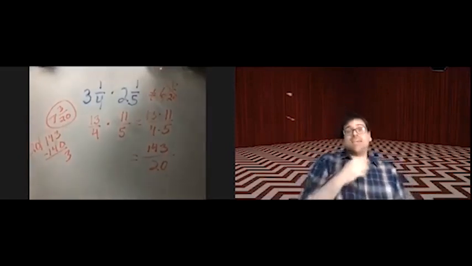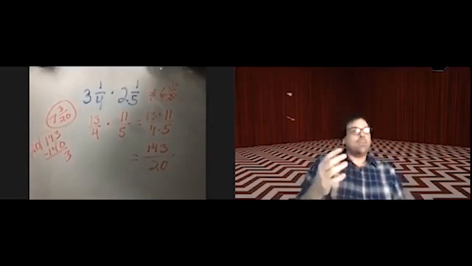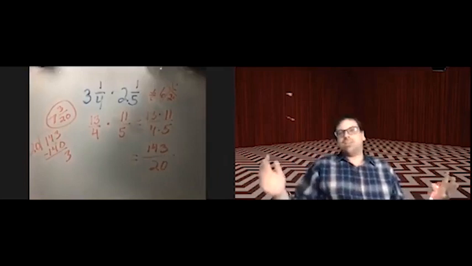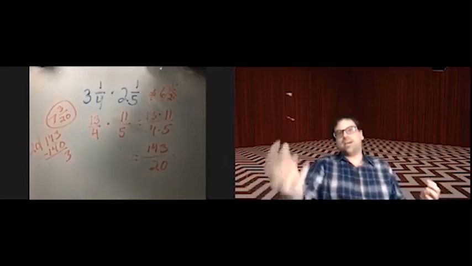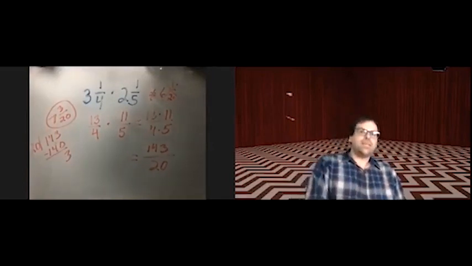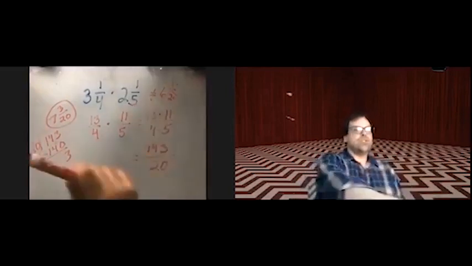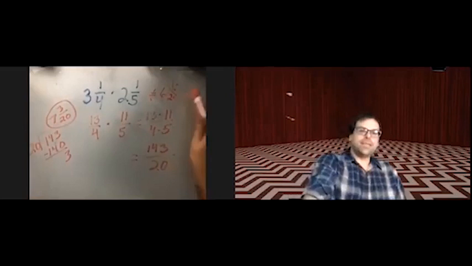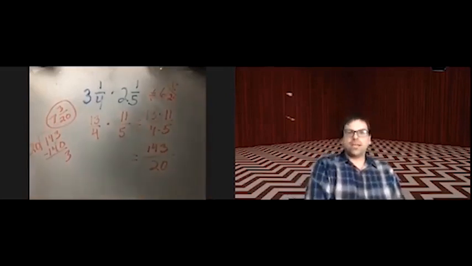So this shows that estimating is a helpful tool, but it's not foolproof. What was our estimated answer? Our estimated answer was 6. If I told you the estimated answer was 6 and you had 6 1/20 or 7 3/20, you'd probably think it's 6 1/20 because of the estimated answer, but it's not.